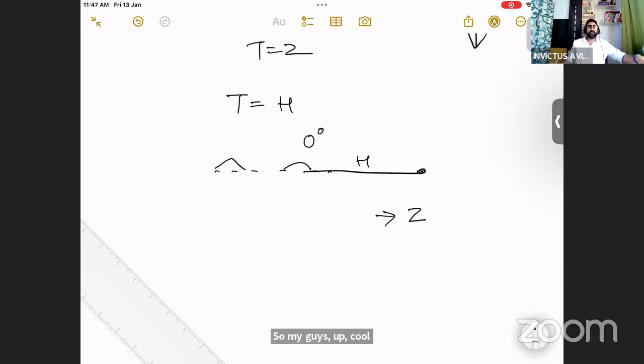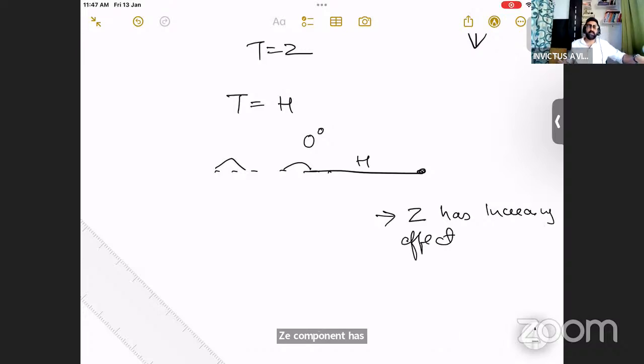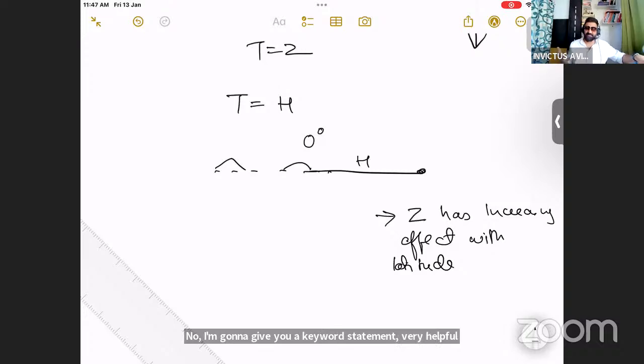So the Z component, write down, has an increasing effect with latitude. Now I'm going to give you a keyword statement, very helpful to understand questions, but it doesn't change anything that we already know and doesn't give us anything that we don't know right now.